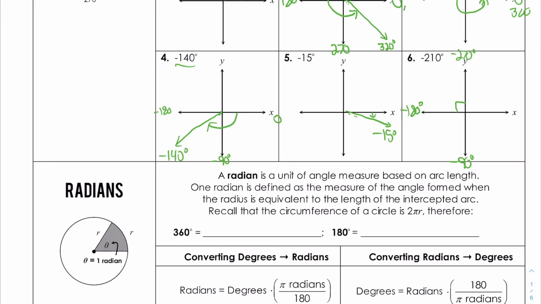Each one of these little corners is 90 degrees. So if we're going to go negative 210, then we're going to split this one into a third around there. Starting from the x-axis, going down and around clockwise to negative 210 degrees.